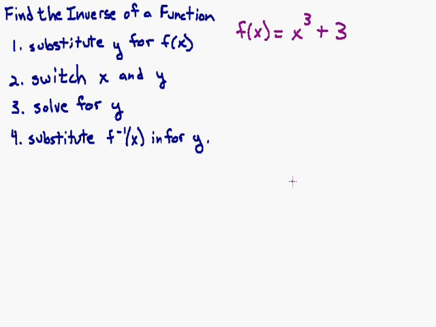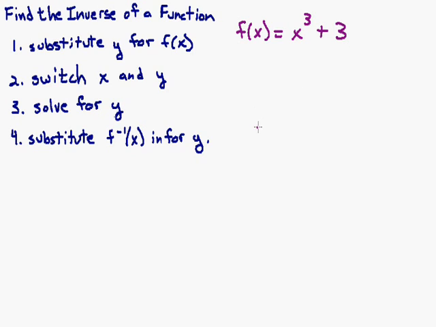Now, as you may have heard in other videos or read in your book, not every function has an inverse. Just to give you some shortcut tricks, if the function has an x cubed and just a constant, it has an inverse. And you're going to see these a lot.